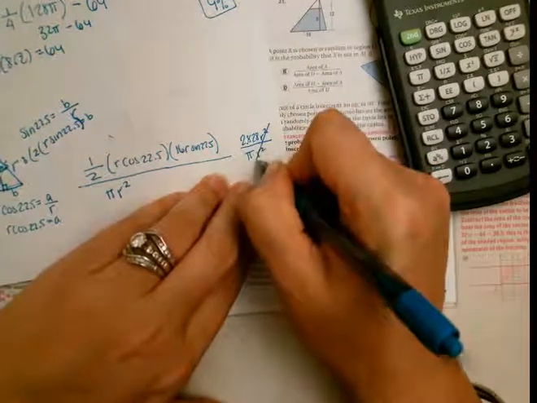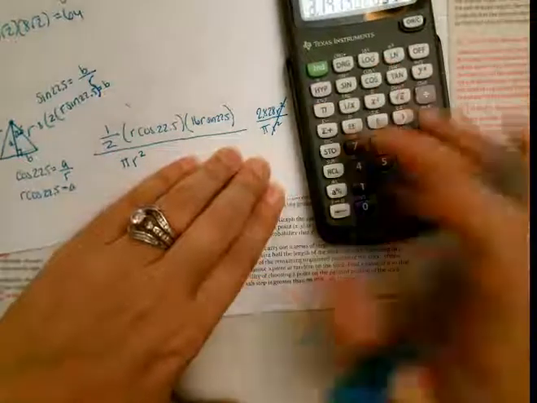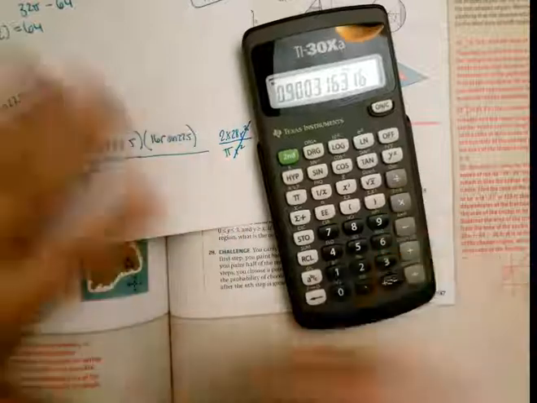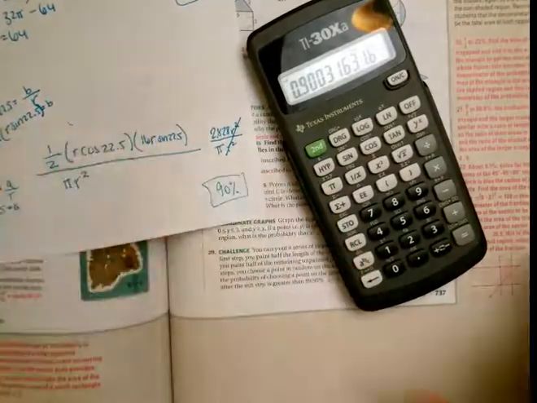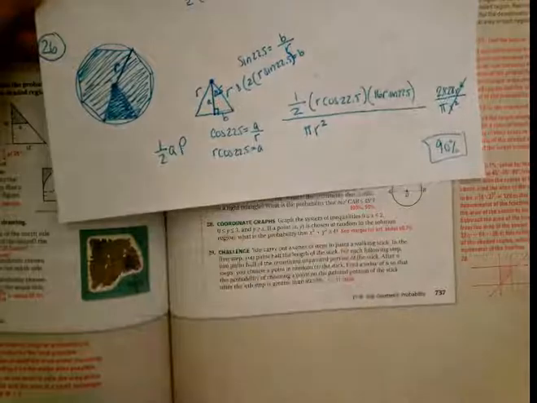These r squareds are going to cancel out. So I have this amount divided by pi equals, and that's approximately 90%. 90%. And that is my final answer for the probability that it is within the shaded region of that figure.